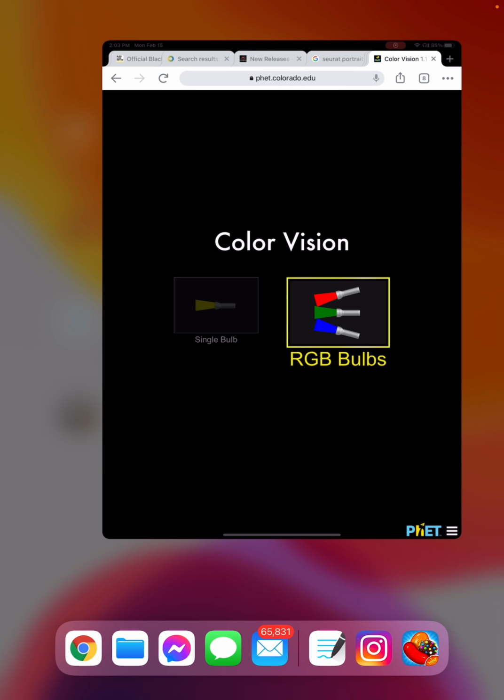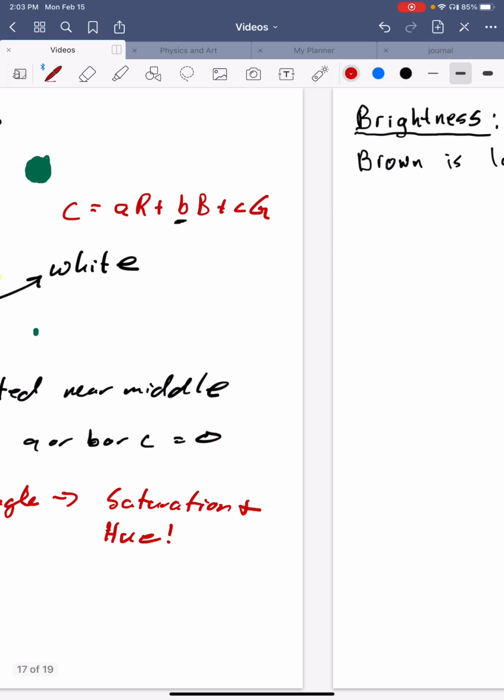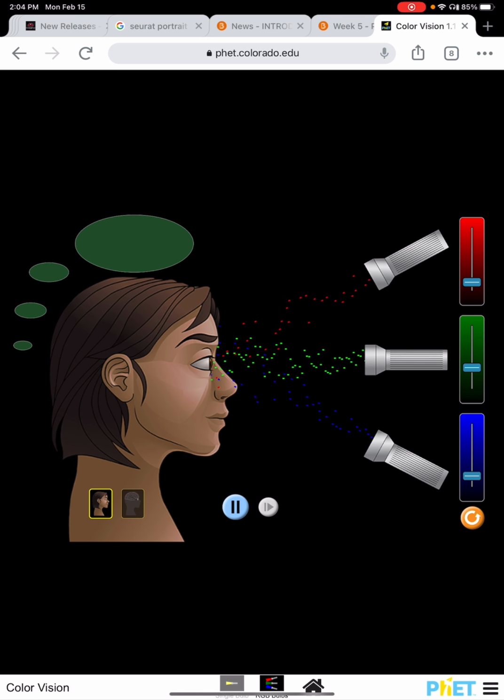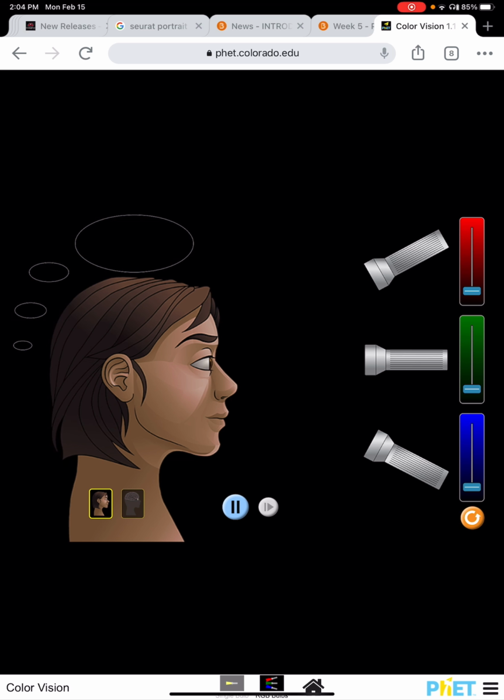So now heading back here, we talked about brightness. So brown is just a low brightness orange. And we could also see things like black is just all zeros.